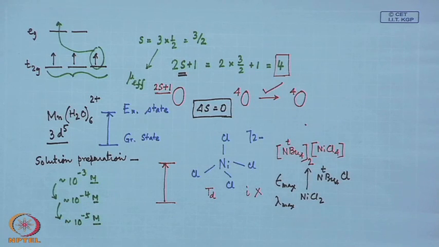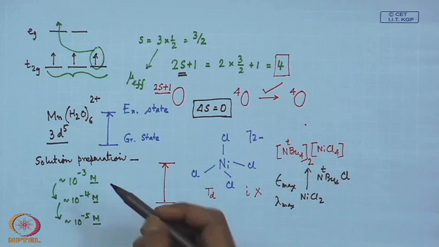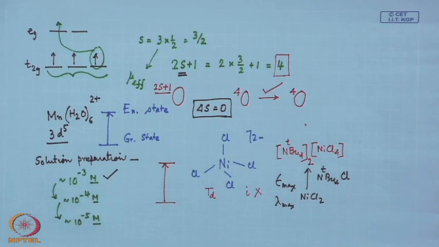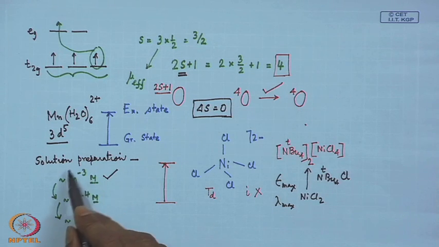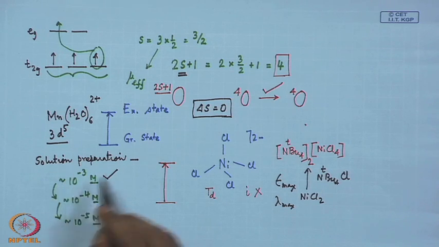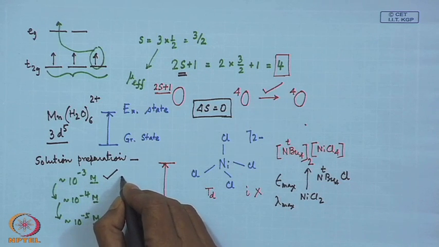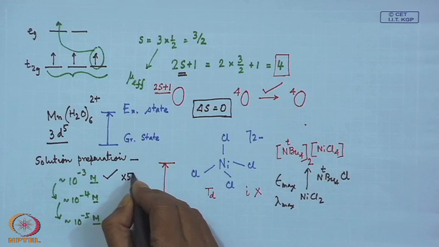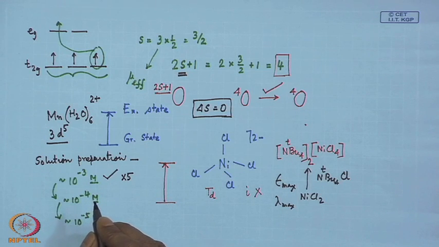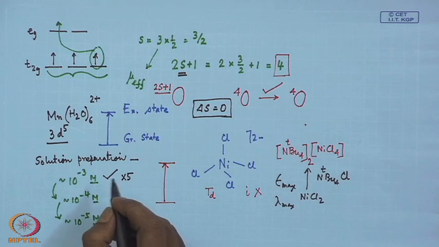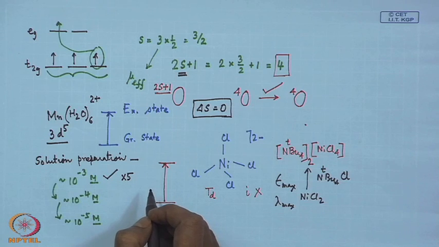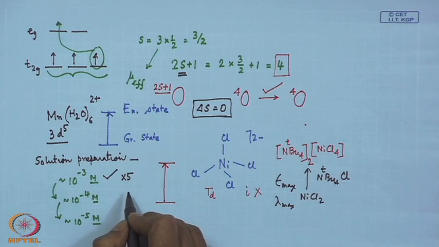Most of the d-d transitions which we are observing here, having low intensity, can be observed with this concentration. Even if it is not concentrated 10 times, it can be concentrated 5 times to measure a significant absorption, such as what we have just seen in the case of the hexaaqua cobalt compound.